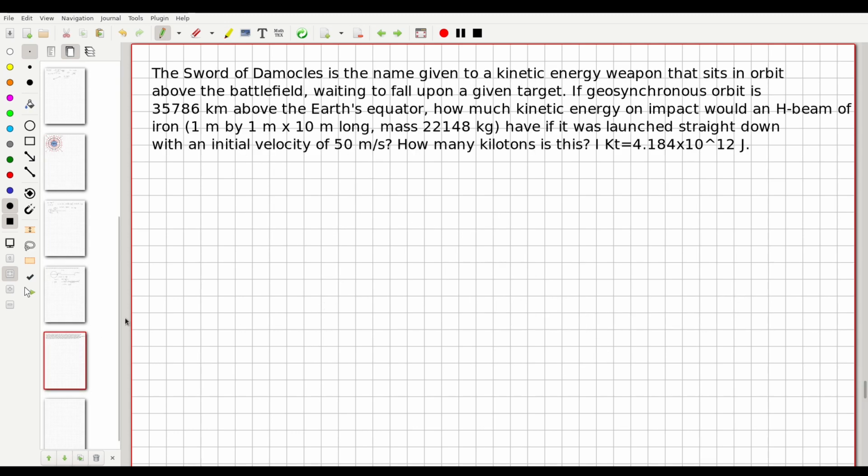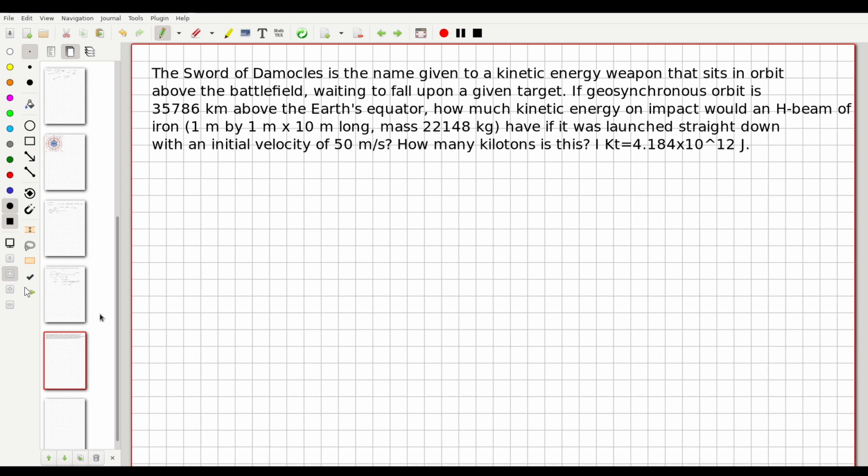Now, let's work another example. The Sword of Damocles is the name given to a kinetic energy weapon that sits in orbit above a battlefield, waiting to fall upon a given target. Now, if geosynchronous orbit is 35,786 kilometers above the Earth's equator, how much kinetic energy upon impact would an H-beam of iron have?